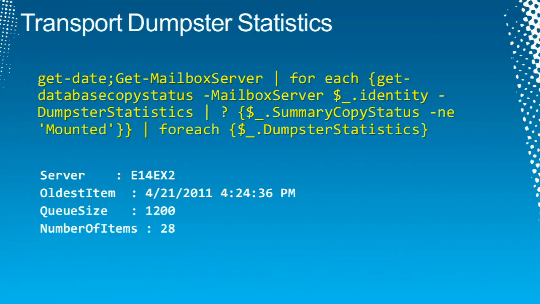Which is fine if there was no data in the old one, but if you had transport dumpster data, that's only and always in one hub transport server, so it's unique. It's stateful to that server. So this will tell you what information is in there, so that if you do have to take it down for maintenance or whatever, you'll know whether or not you have data in the transport dumpster that might be needed as a result of a failover.